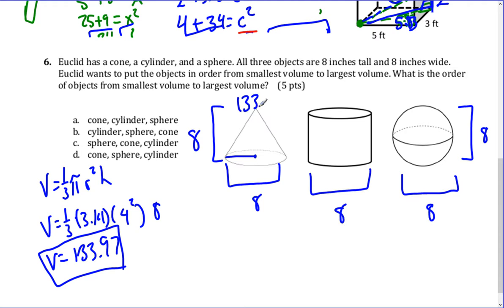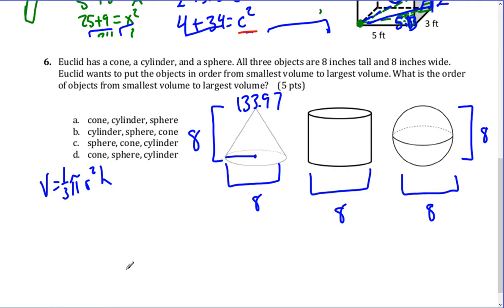Alrighty-o. Now we're going to do the same thing, but now we're going to do the cylinder. The formula for the volume of a cylinder is almost the same as the cone, except you don't have this 1/3. Volume equals 3.14 times the radius squared, which is still 4, right? It's a circle bottom, and the radius goes from the middle to the outside, so it's still 4.